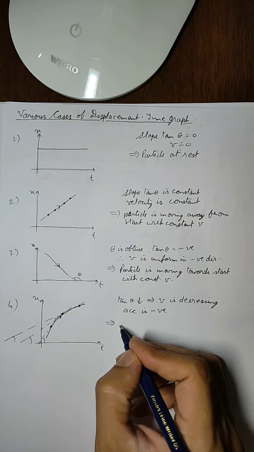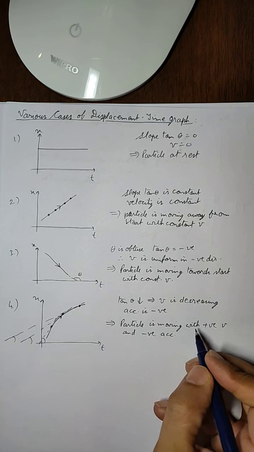So for a particle with such motion, we can write that the particle is moving with positive velocity, because tan theta is positive, and negative acceleration. So hence it will be a retarded motion.